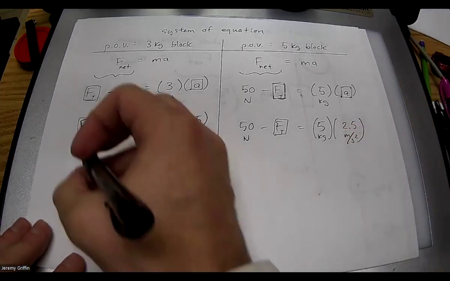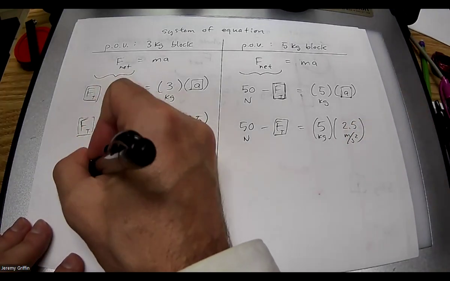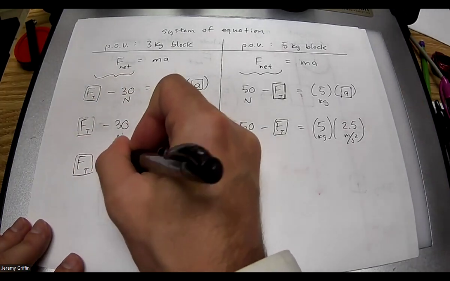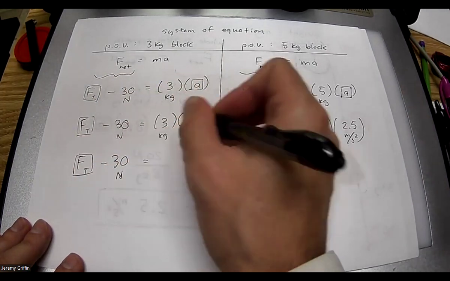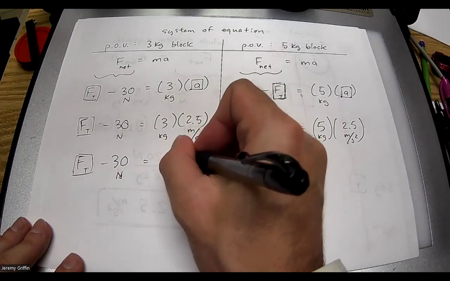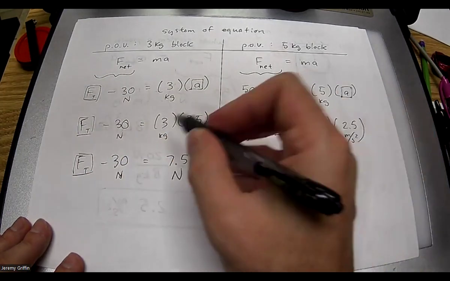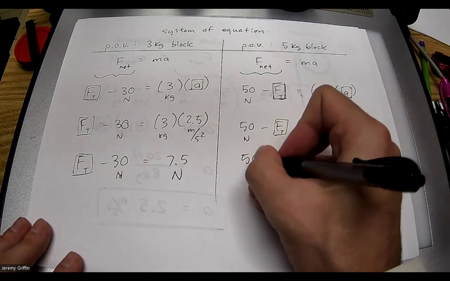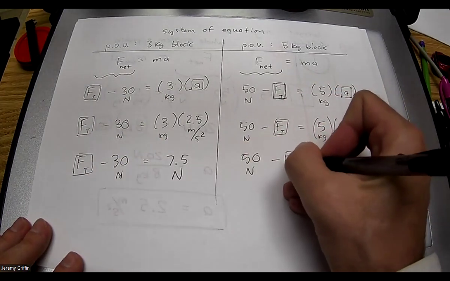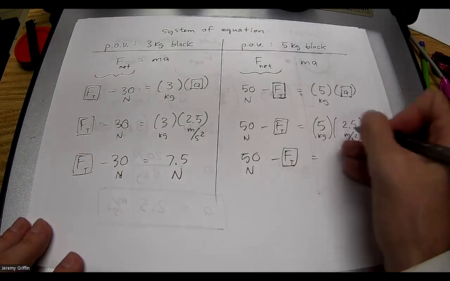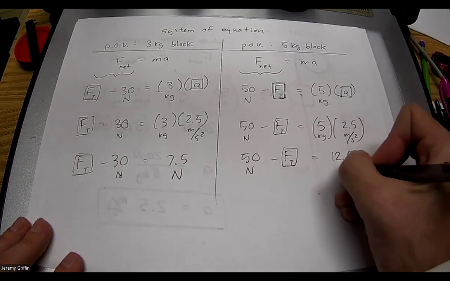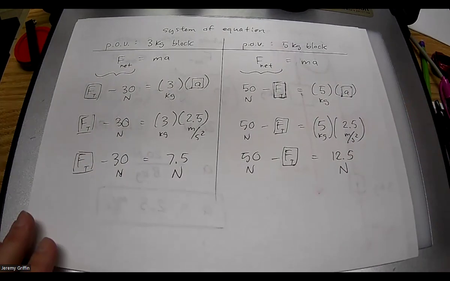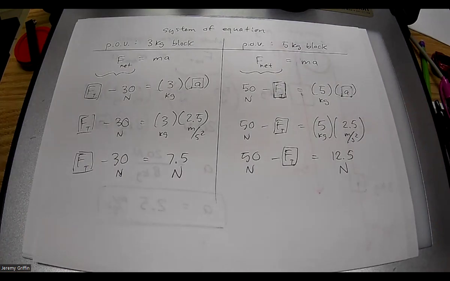All right, let's do more math. Tension minus 30 newtons equals 3 times 2.5, that's 7.5 newtons, kilogram meter per second squared. And over here, 50 newtons minus the tension force equals 12.5 newtons, I think. All right, I think that's true, right? So a little bit of math, a little bit of cleanup.